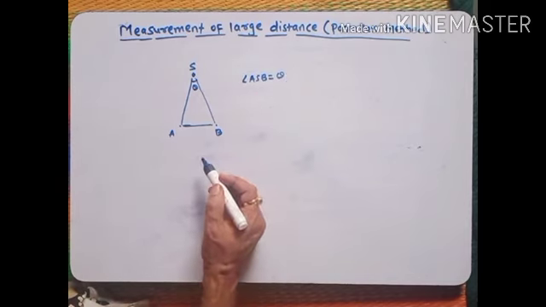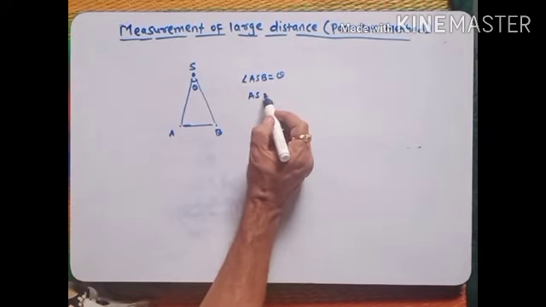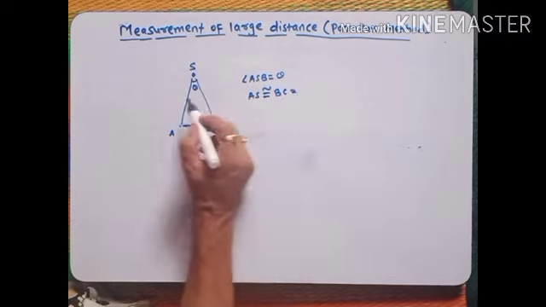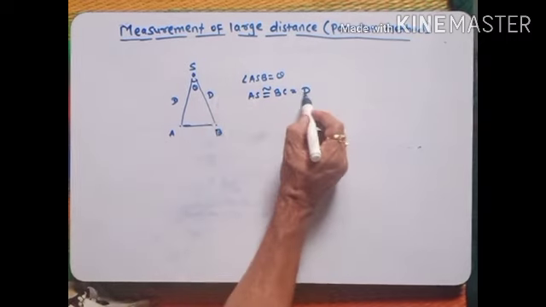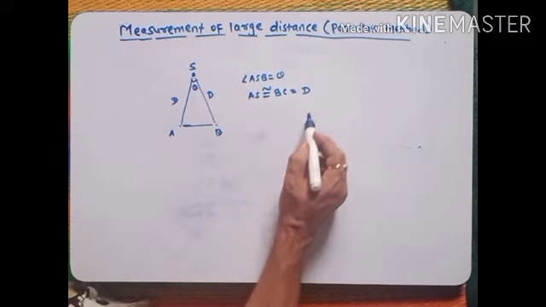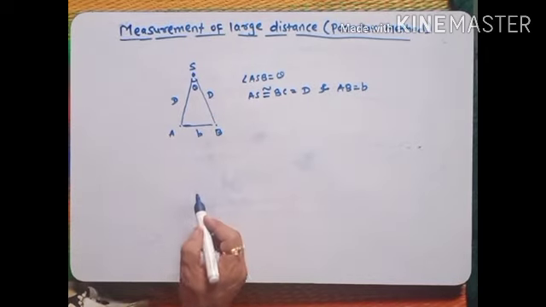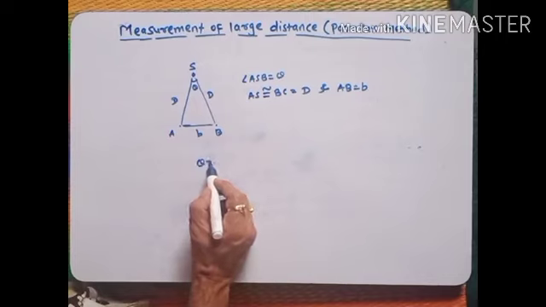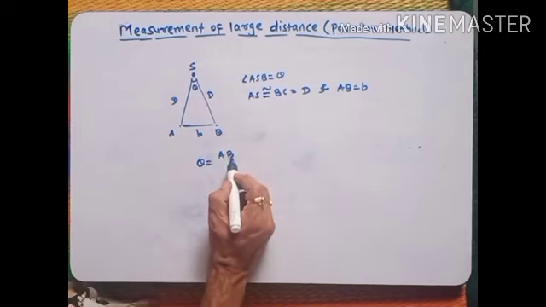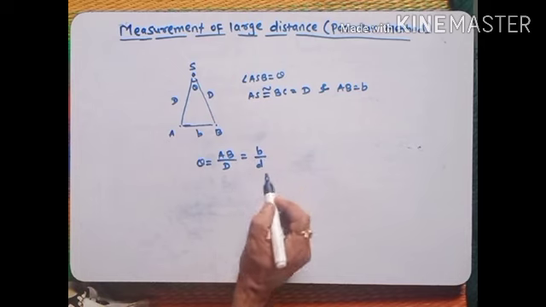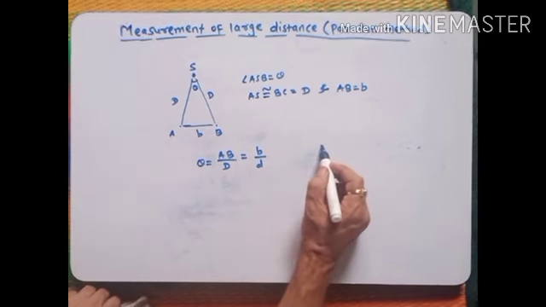Theta is very small, and AS is nearly equal to BS, which is equal to D. This distance is also D, and AB is equal to b. Then theta is equal to AB upon D, which is equal to b upon D, where theta is measured in radians.